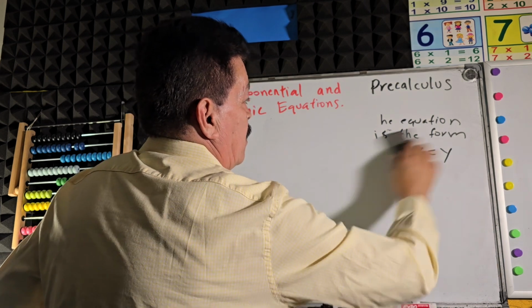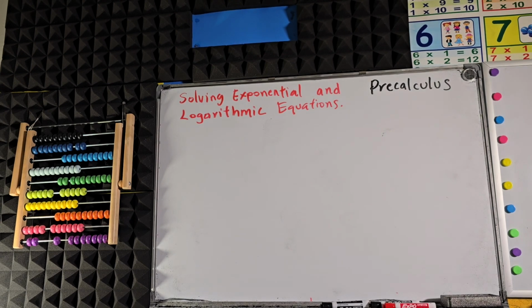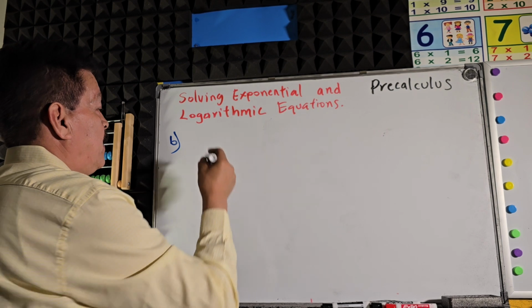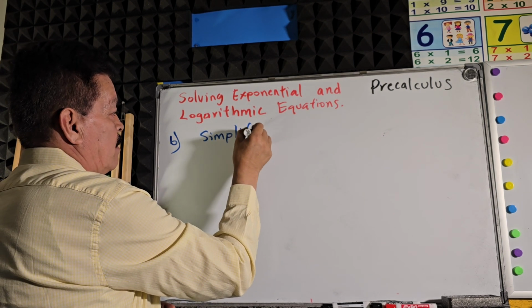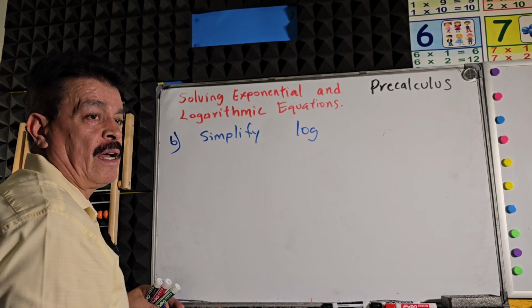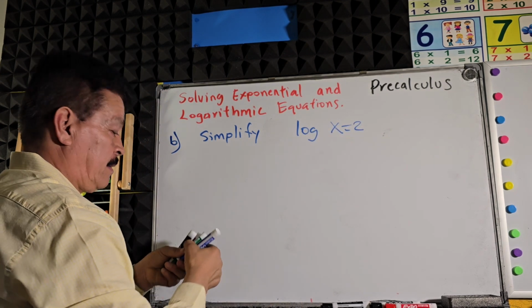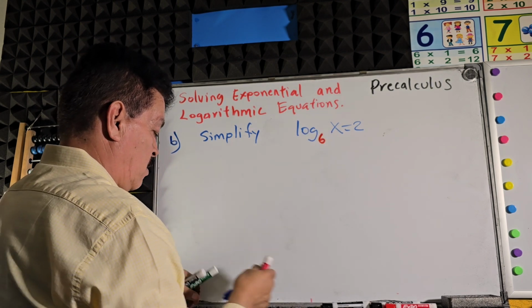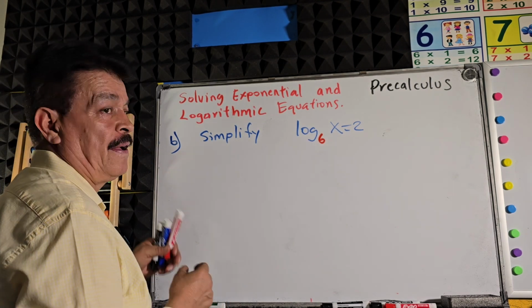Let me show another problem. Let's write one more example. Simplify log base 6 of x equals 2. So what is the next step?